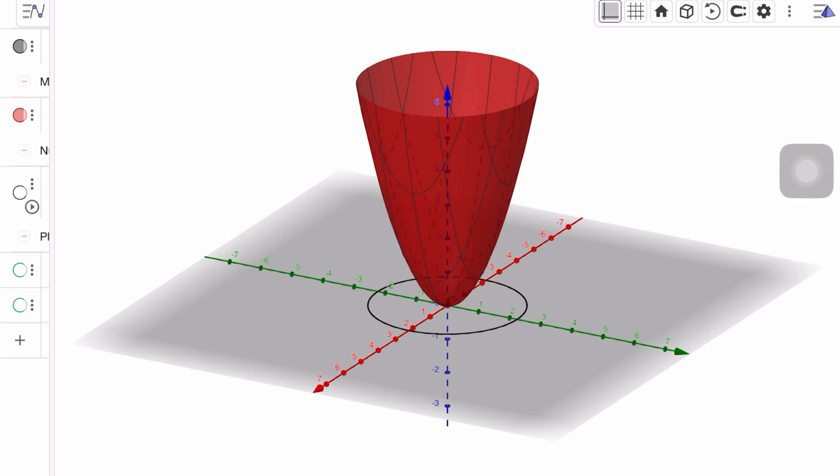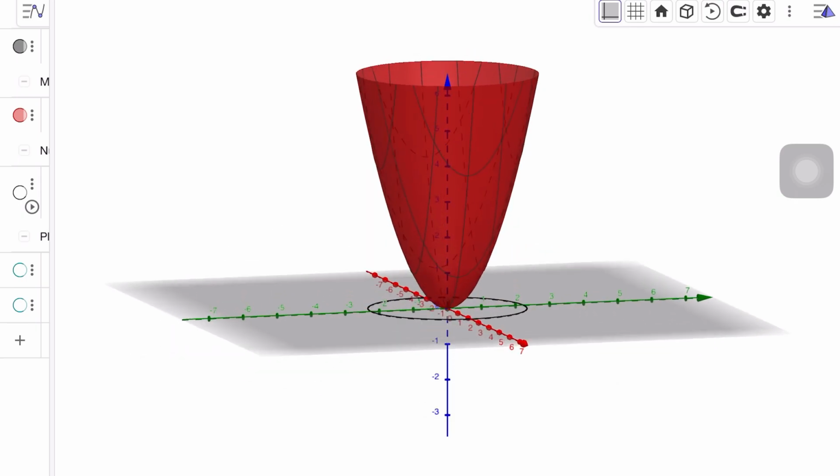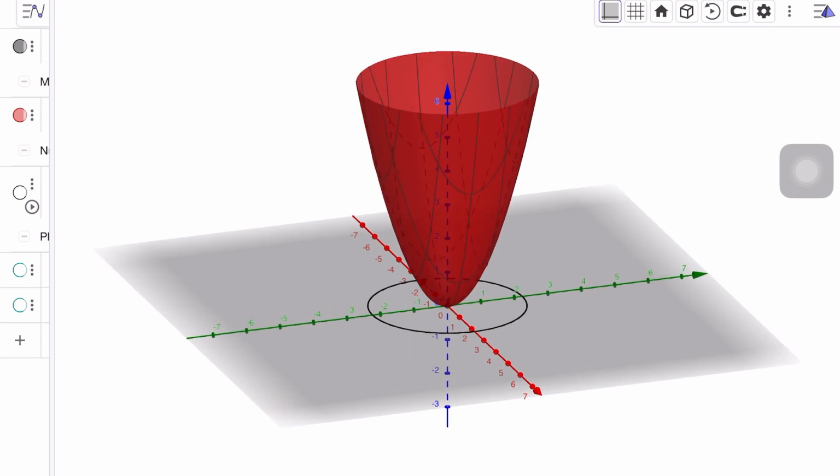And x and y are represented by the red color and the green color, right? And this is the graph z is equal to x square plus y square. Now when we choose z is equal to 1, z is equal to 2, 3, 4, they are known as level surfaces. So how does the level surface look like here?